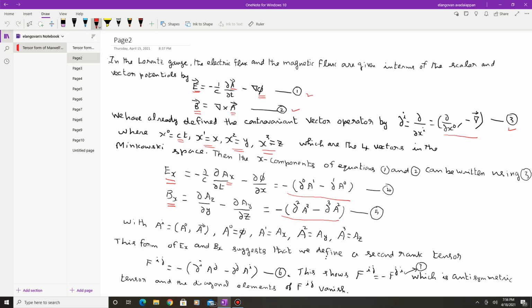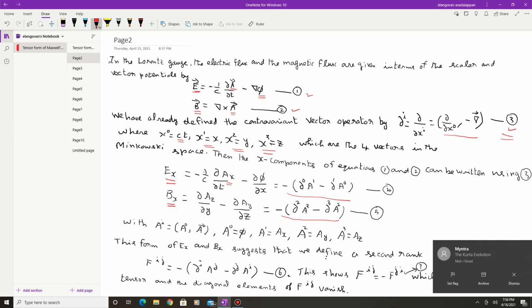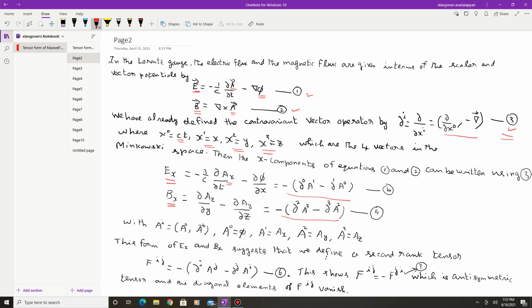Now d0, d1, d2, d3 can be expressed in terms of equation 3 that we have already discussed. And what are A0, A1, A2? A^i is equal to (A0, A1, A2, A3). A0 is equal to phi, and the vector A has 3 components: A1 is equal to A_x, A2 is equal to A_y, A3 is equal to A_z. These are the x, y, z components. So this is a 4-vector. The first one is the scalar potential, and the rest are components of the vector potential.